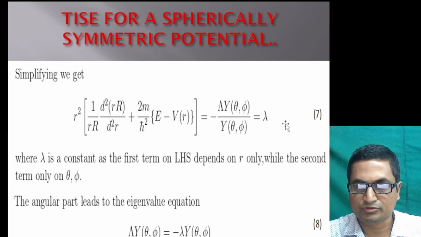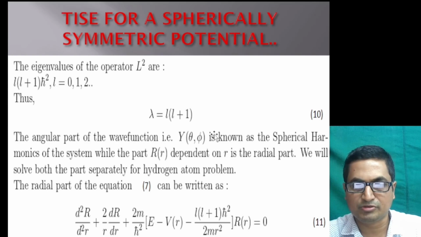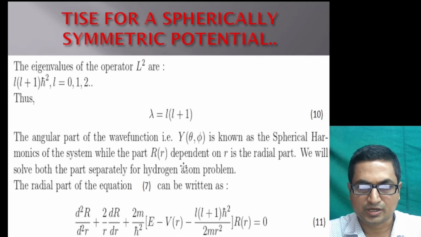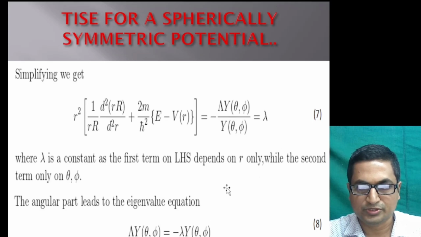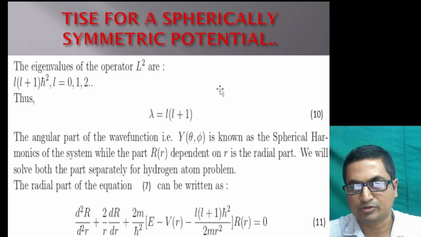So from equation 7, and using lambda equal to this, we find a relation like this: capital Lambda Y is equal to minus small lambda Y. This is particularly an eigenvalue equation, where this operator L is given by this, and we'll see later that this actually represents something like L squared by h squared c squared, and that's why this lambda is taken to be L into L plus 1.